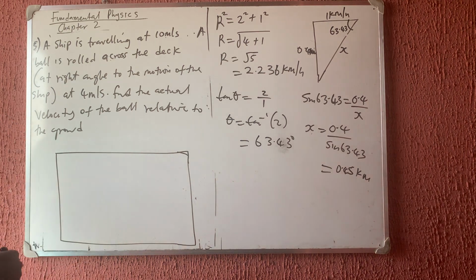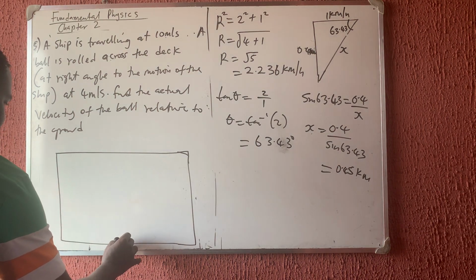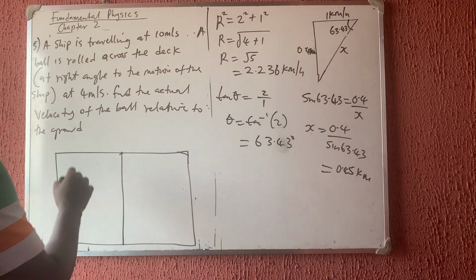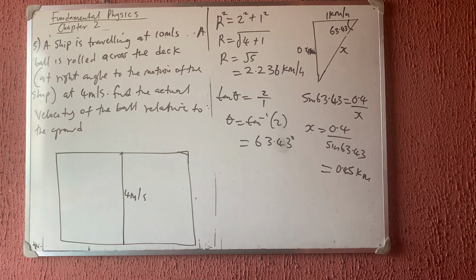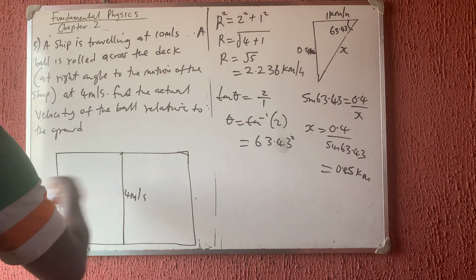I have that this is the river and this boat wishes to cross. As the boat is crossing, they say that a ball is rolled at right angle. So this ball rolled this way at right angle, and the ball was moving with 4 meter per second. The ship is moving like this.